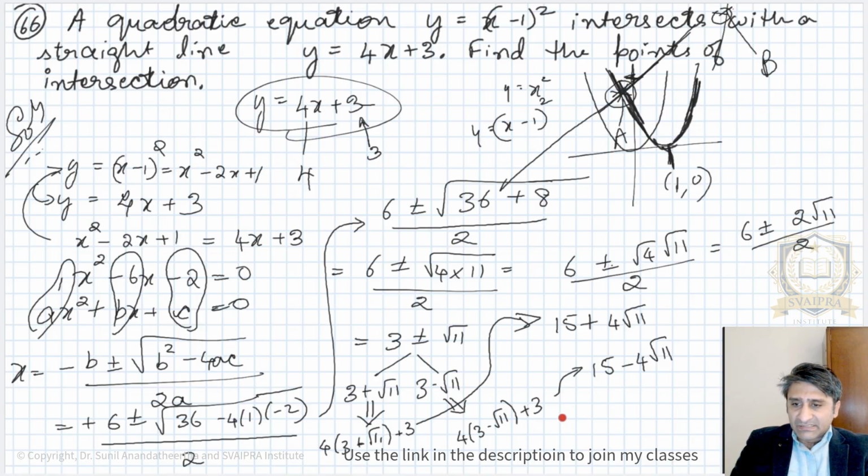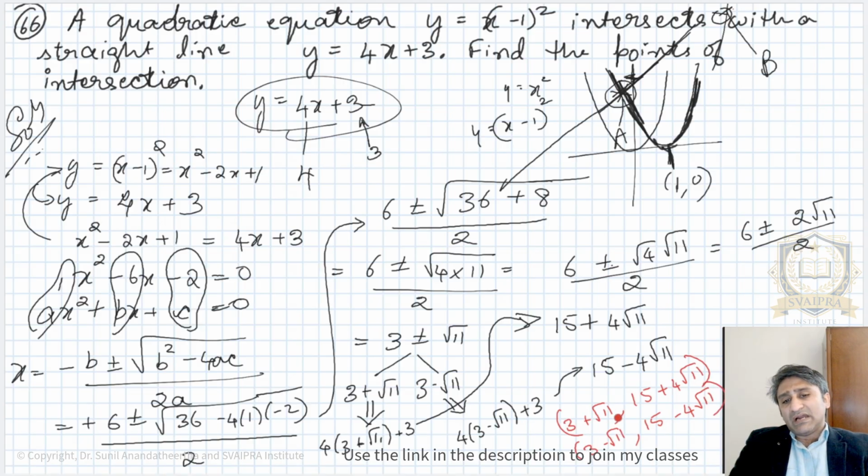So the points of intersection are: 3 plus root 11 comma 15 plus 4 root 11, and that's the first point of intersection. The second point of intersection is 3 minus root 11, and the corresponding value of y, which is 15 minus 4 root 11.